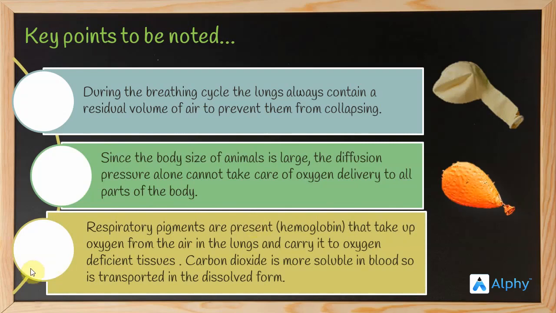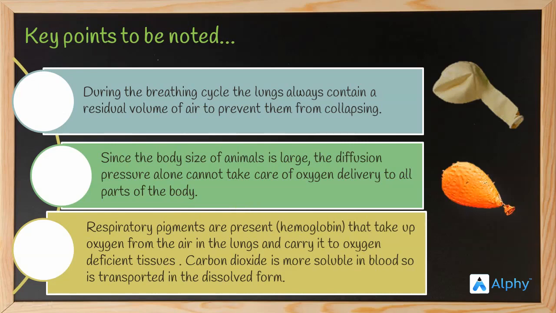Whereas when we talk about carbon dioxide, it is more soluble in blood in comparison to oxygen. So it is transported in the dissolved form in the plasma. Our blood has this red pigment, hemoglobin, which is responsible for the transport of oxygen, and it's not by diffusion. In our body, diffusion doesn't occur for the transport.